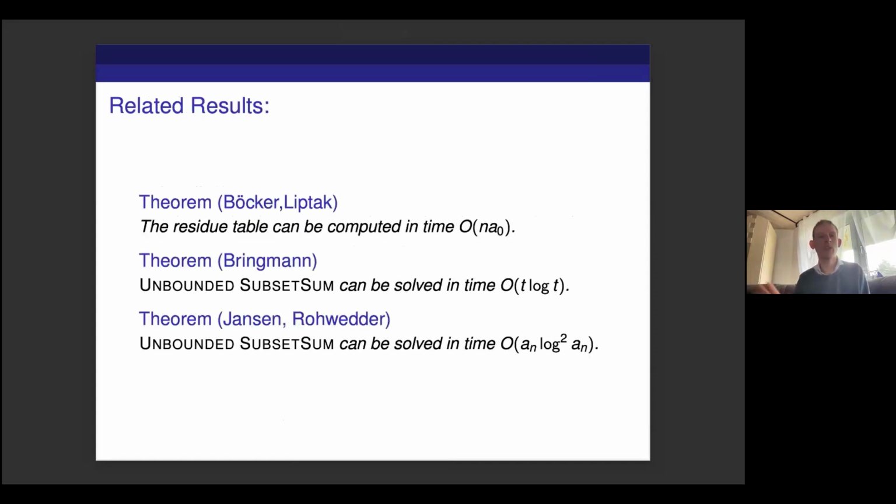Okay, so what do we know so far on the problem? One algorithm that is not very well known is the algorithm by Bringmann and Cassis. This one computes the residue table in time n, the number of items, times A0.